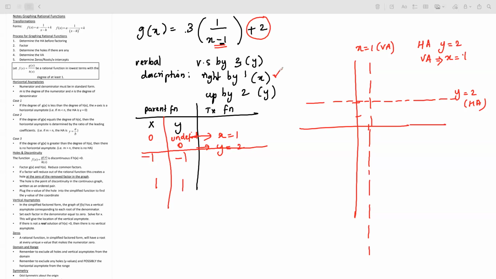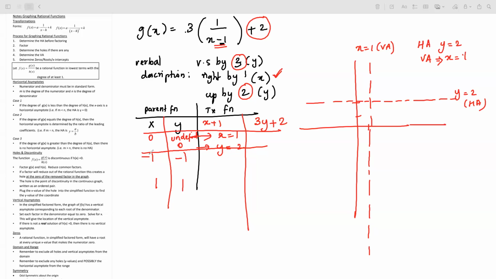The x coordinate is affected only by this. Right by 1 means I should apply x plus 1. And for y, the change is multiplication by 3 and then add 2. Any questions?